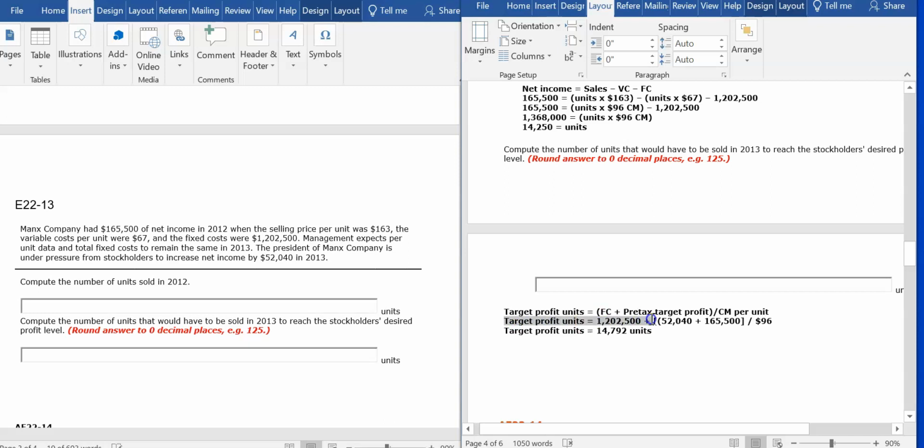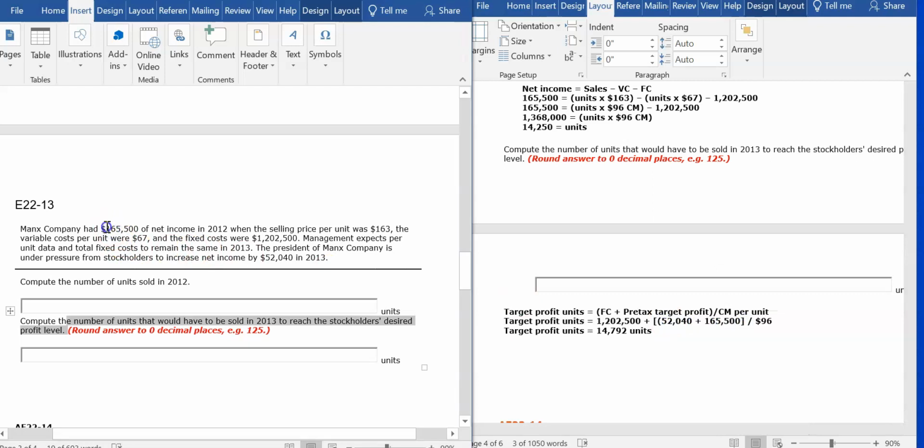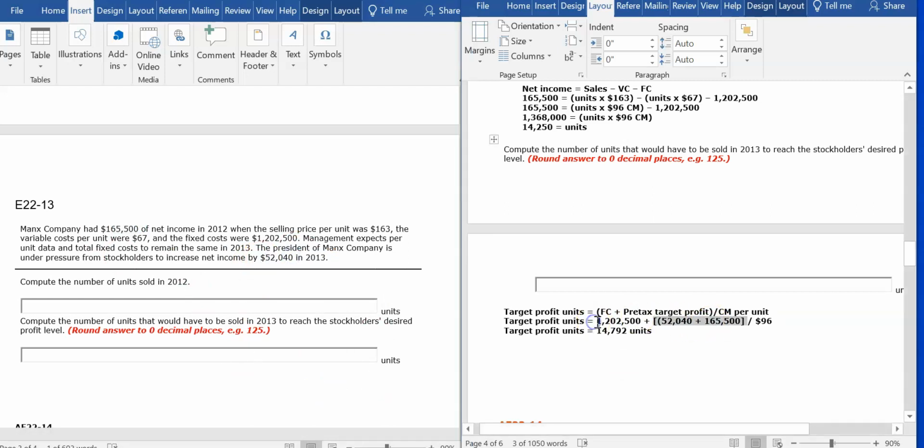Fixed cost of $1,202,500. We are adding in the desired profit, which is last year's net income plus the increase of $52,040. Fixed cost plus the desired pre-tax profit, divide by $96 per unit. Target profit of 14,792 units.